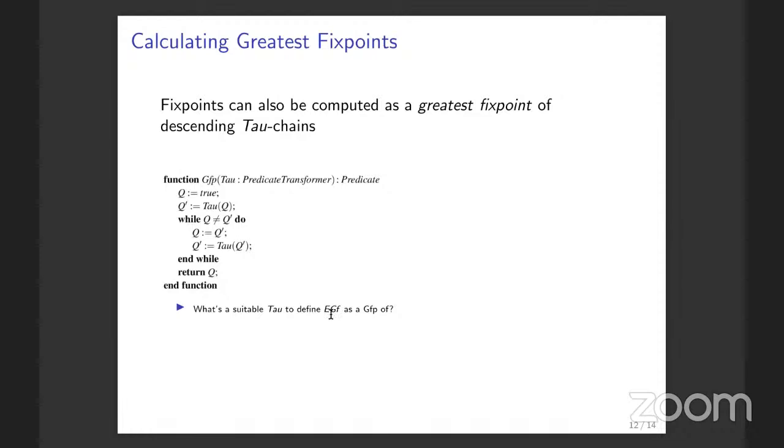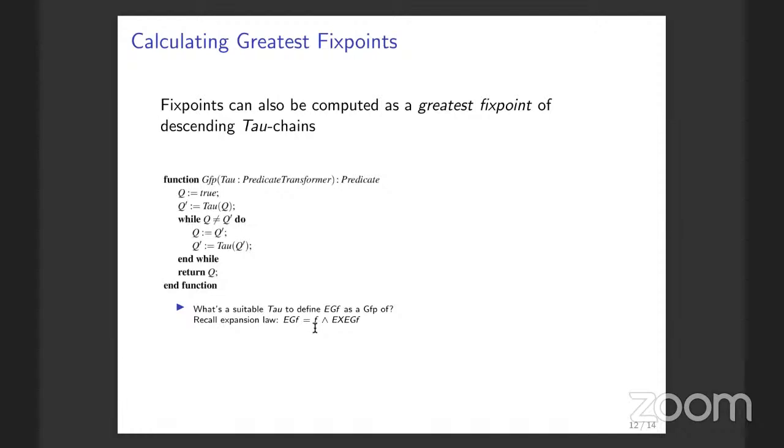So we will be defining EG of F as the greatest fixed point of a descending chain of suitably defined tau. That is the greatest fixed point. Once again, to see what tau, whose greatest fixed point will be exactly those states that satisfy EG F, we will have to recall the expansion law of EG of F. What is EG of F?